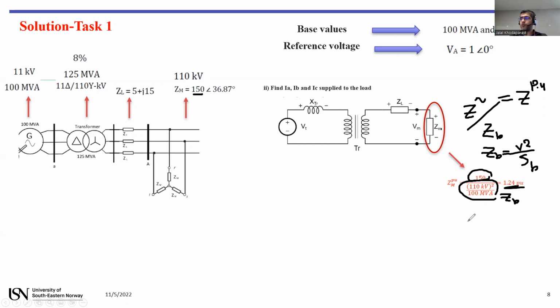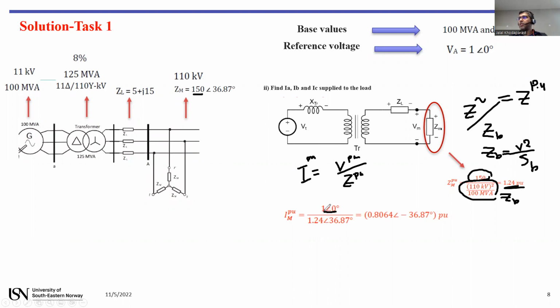It's the formula we use for the calculation of the impedance base value. Okay, so to calculate the current, the current will be voltage in per unit over impedance in per unit. The current will be in per unit.